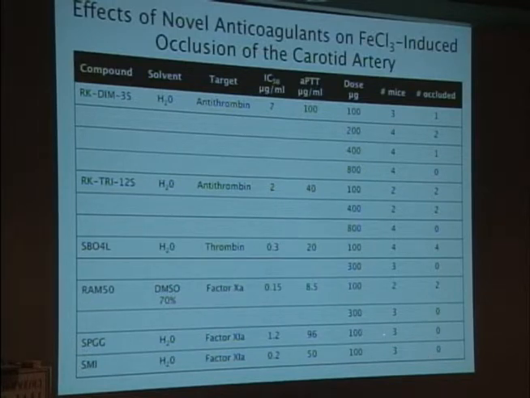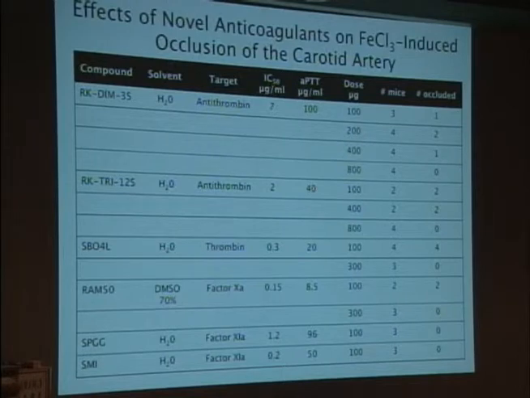But from this starting point, we can push the doses of these and see if we can even overcome the thrombotic stimulus by 5% ferric chloride, which in our hands is a significant vascular injury. So we're very encouraged by this.